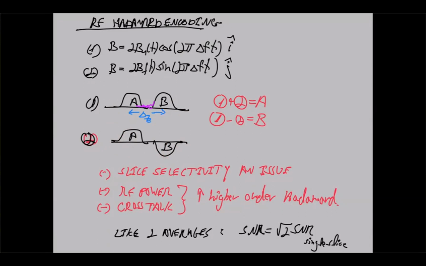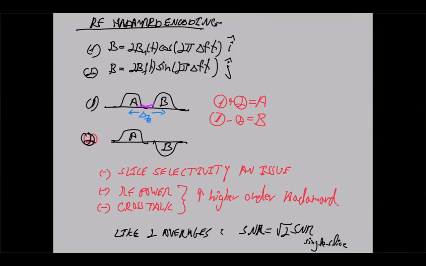Doubling the time that I'm collecting data has a benefit of a square root of 2 improvement in signal to noise ratio, because this is very similar to pretty much 2 averages, right? Here, I average A together, and when I subtract, I average B together, right? And so I get an improvement of square root of 2 for that.